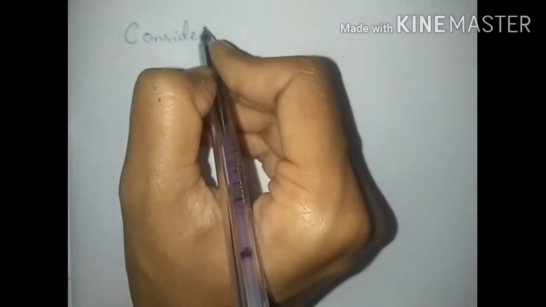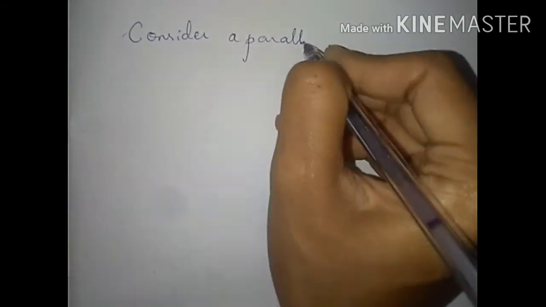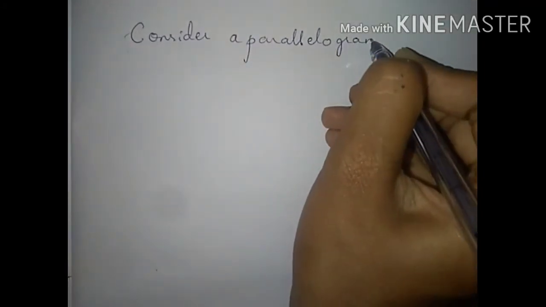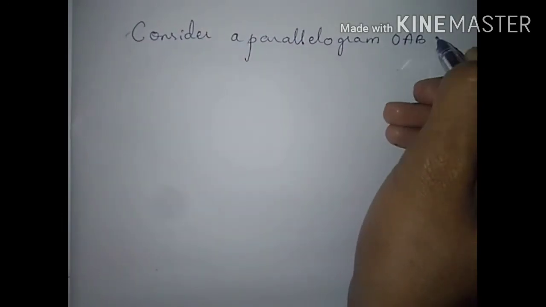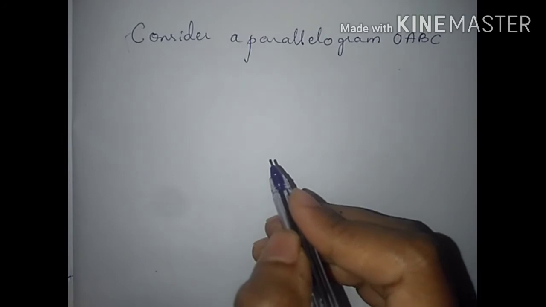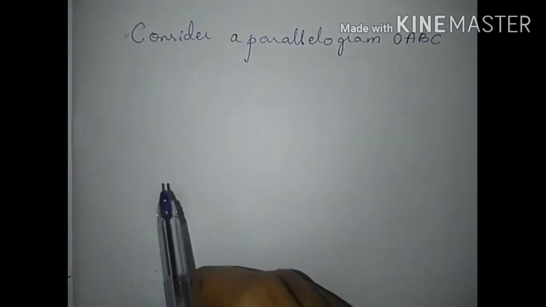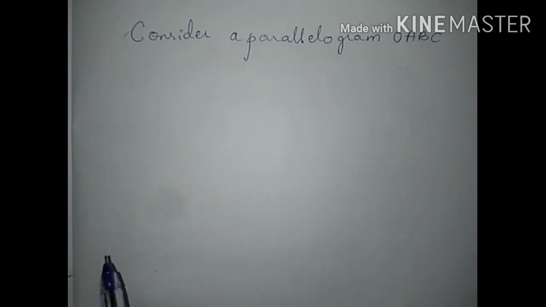So now consider a parallelogram OABC. So you have the parallelogram OABC, and let two vectors A and B be represented by two adjacent sides of the parallelogram.